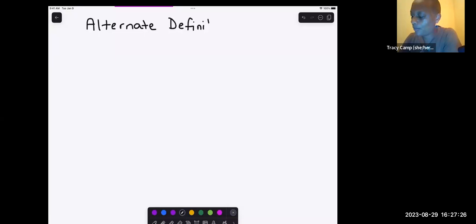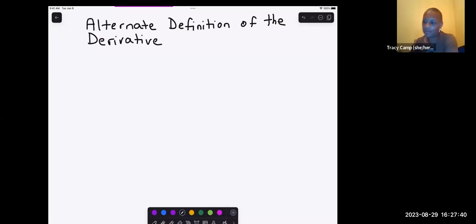Sometimes the other definition is easier to use. So I'm going to write this alternate definition of the derivative. That's what we're going to look at now. Alternate definition of the derivative.